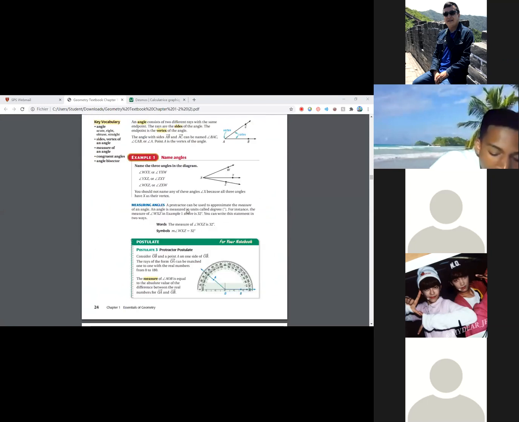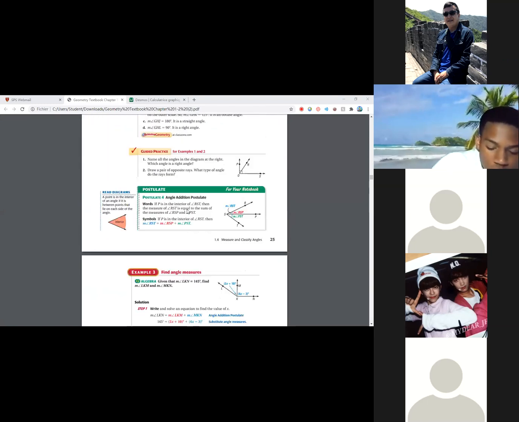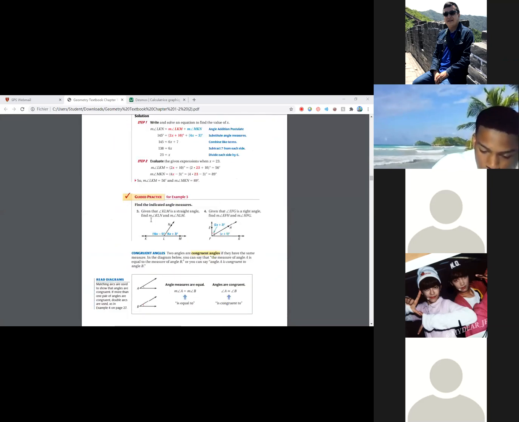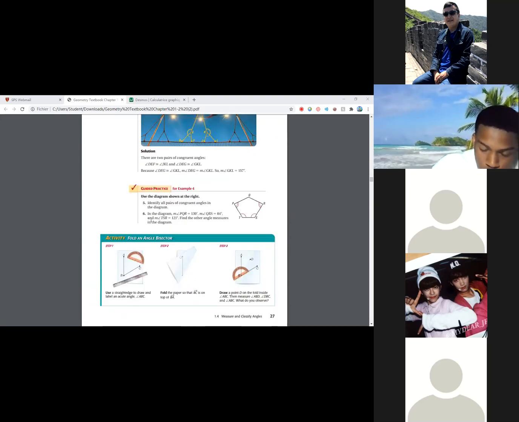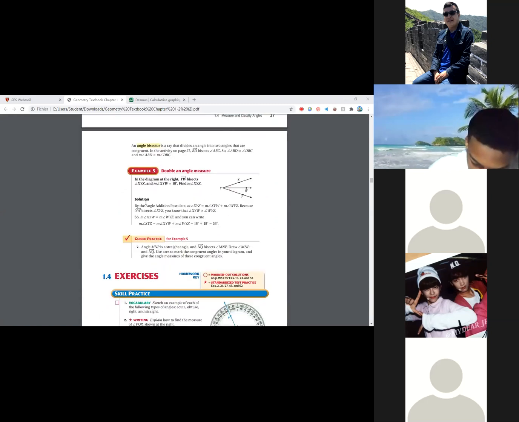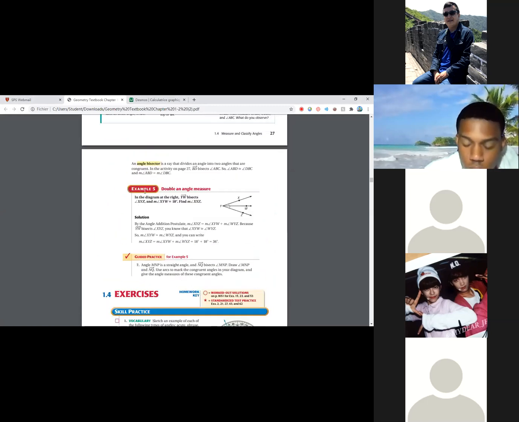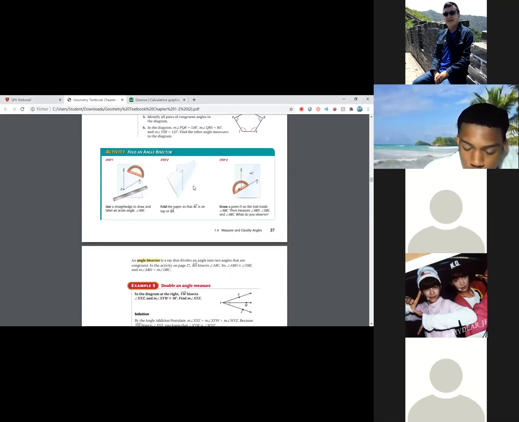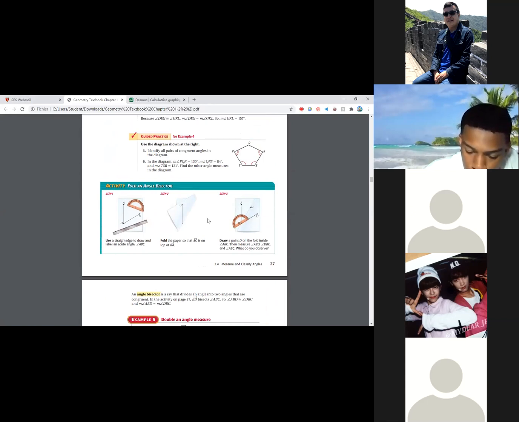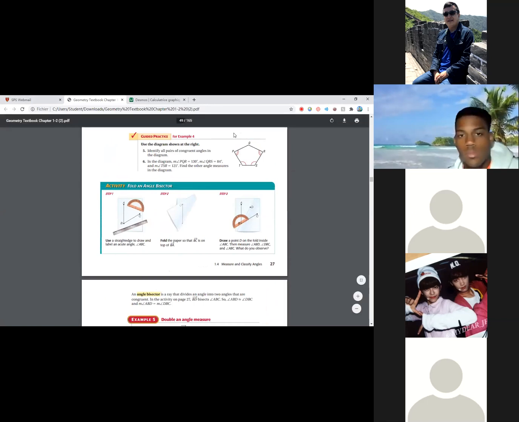And then next time we could do some problems on it. So just go through these example problems. Not the actual exercises, but example 5, example 4, and so on. Review those, and then we could do some problems next class. All right?